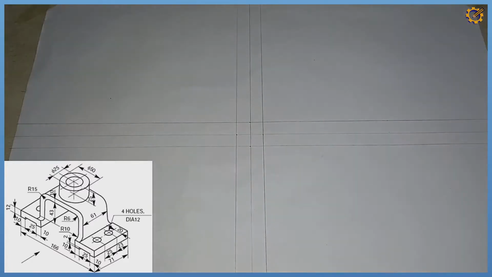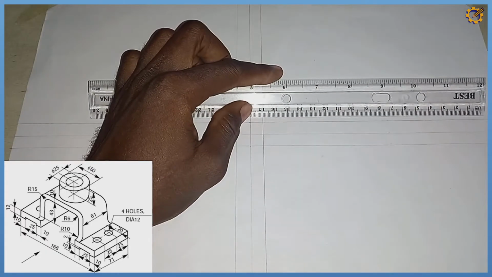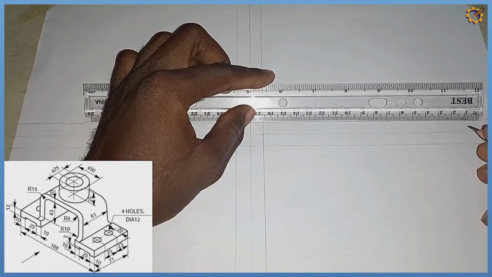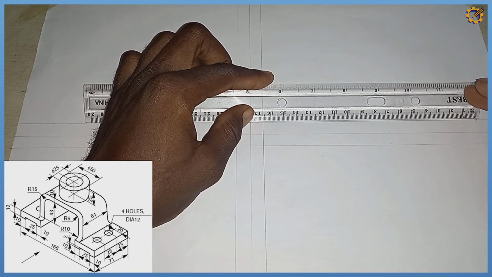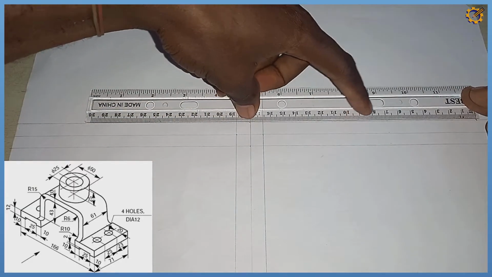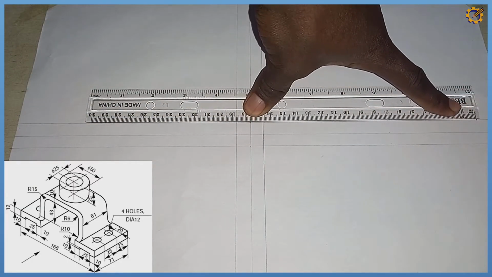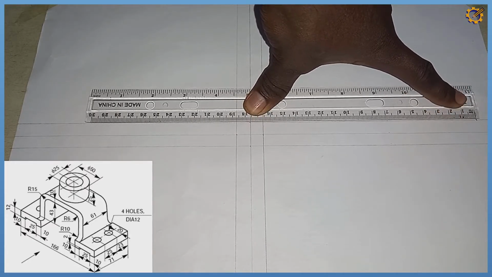So the total span of our object, taking it from the front view, is 166 millimeter. So this is the mark of 166 right here. From that span, looking from the right hand side, I'm having a mark of 10 right here.